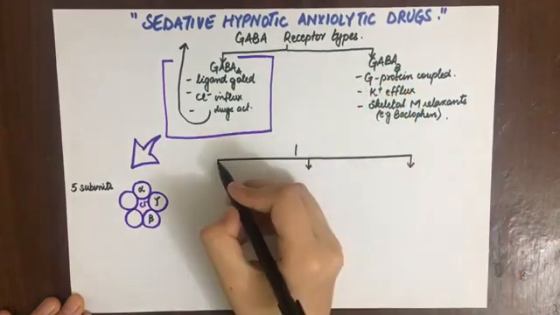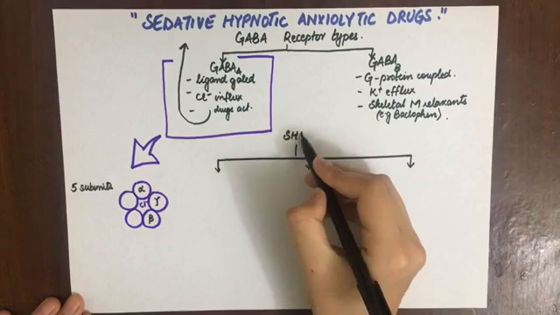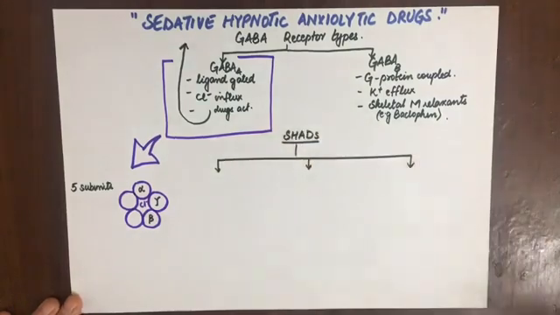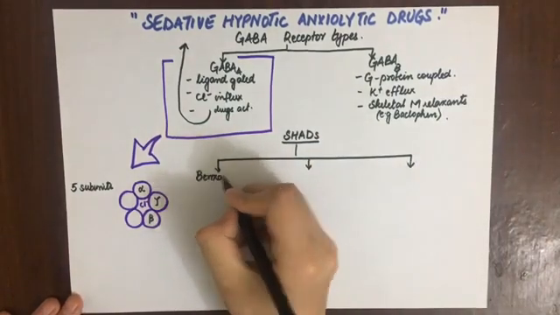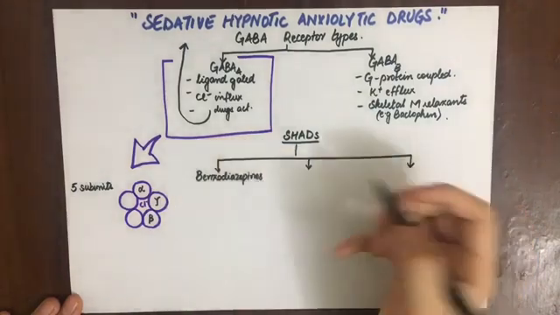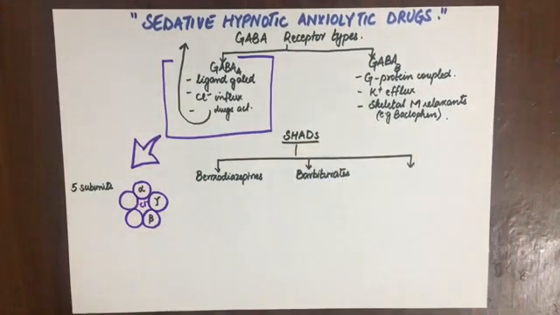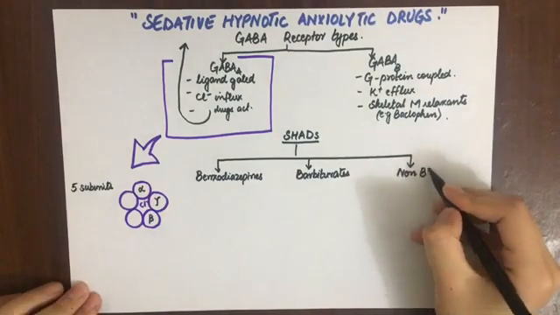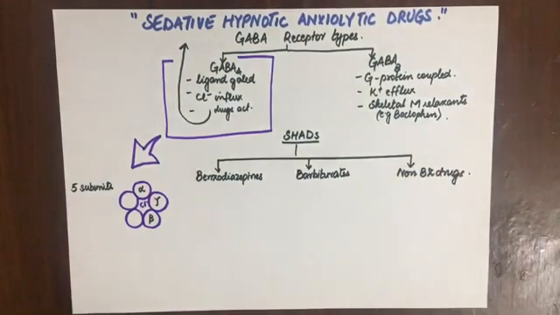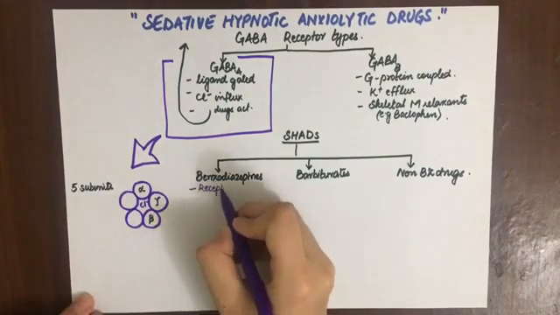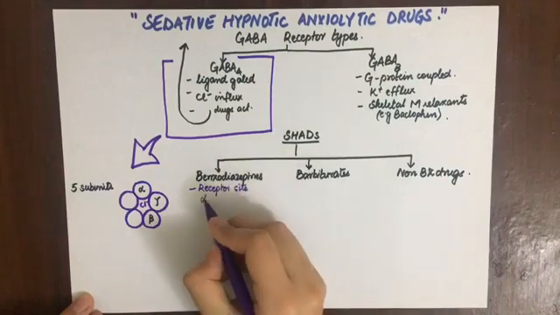Let's first see the 3 main sedative, hypnotic and anxiolytic drugs that we are going to study in the subsequent lectures: benzodiazepines, barbiturates and non-benzodiazepine drugs. Now on this GABA A receptor, there are receptor sites for all of these drugs. First, there is receptor site for the endogenous GABA, which is alpha.